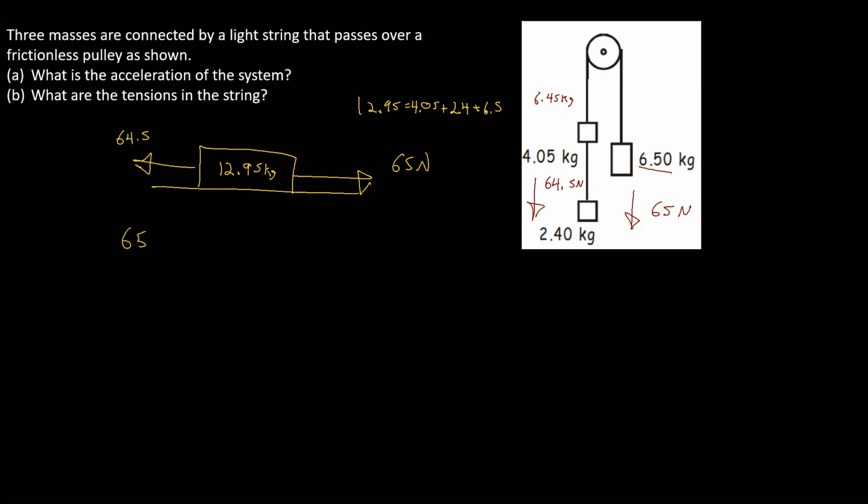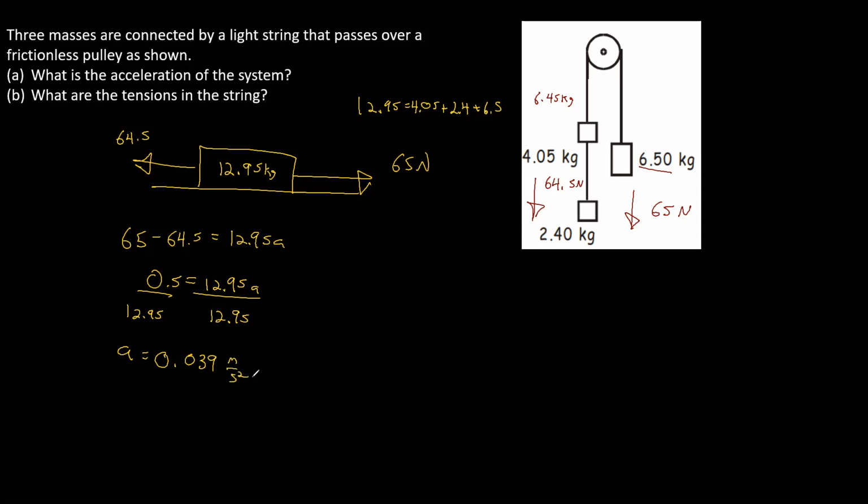So it's right minus left equals m times a. 0.5 equals 12.95a. Divide both sides by 12.95, and I should get a remarkably small number. A equals 0.039.